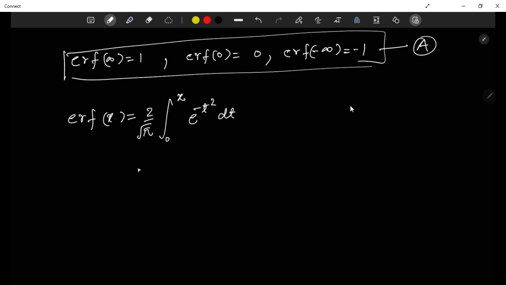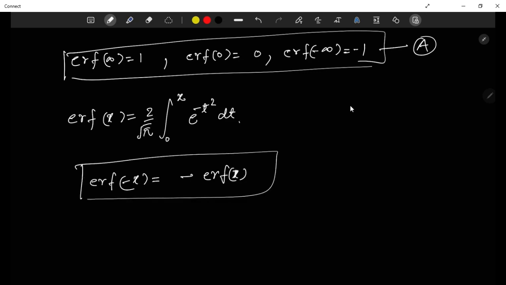So here you can see that the error function of minus x is equal to minus the error function of x. So you can look at it from here. This means it is an odd function. So the error function is an odd function. This we call property number p.